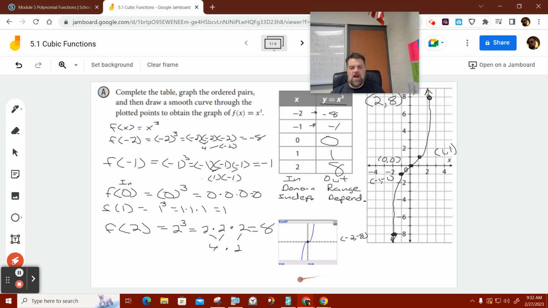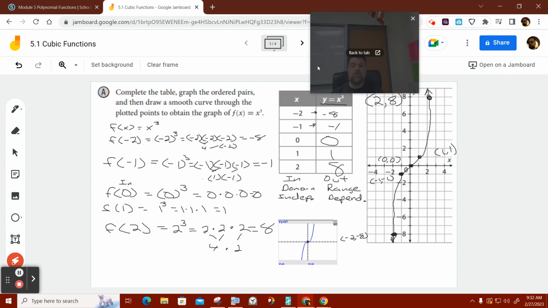In other words, our x values will go forever in the x direction. And up here, this will continue to grow. It's very steep, but it will continue to go in this direction. So there are no restrictions on the x values. So the x values are all real numbers.